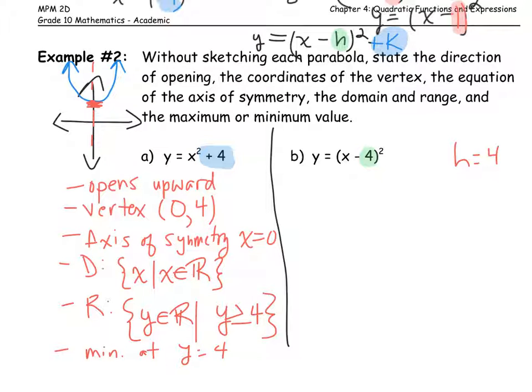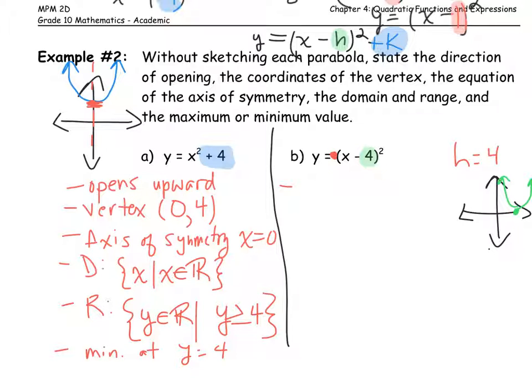So if I were sketching this, and I find the sketching is important just to help me visualize, let's envision that this is at x equals 4, and I've just shifted this graph to the right by 4 units.